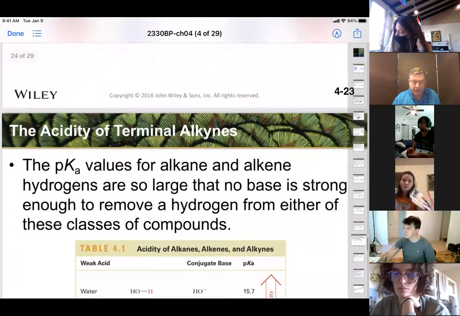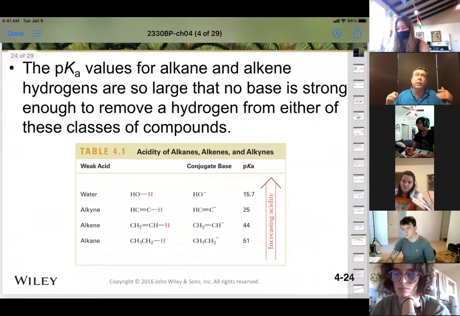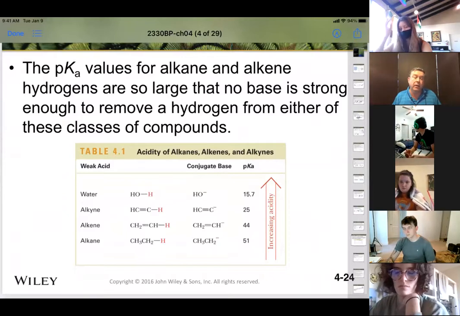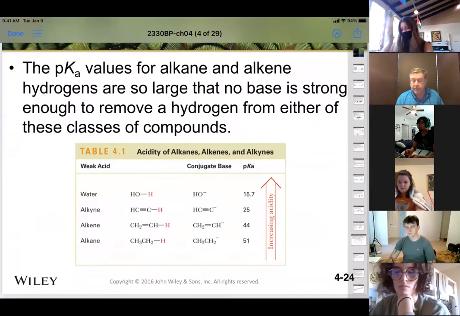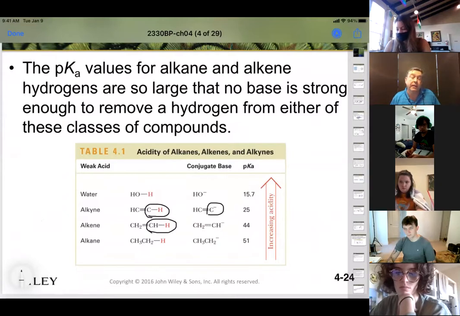Okay, so let's talk about where it lands on the acidity scale. We can't make the acetylide ion in water because the conjugate acid, water, is too acidic. But we can make it in the presence of other things. If we take water out of the equation, we can make this acetylide ion, but we have to use a much stronger base to pull it off an alkene. An alkene is in between an alkane and an alkyne.